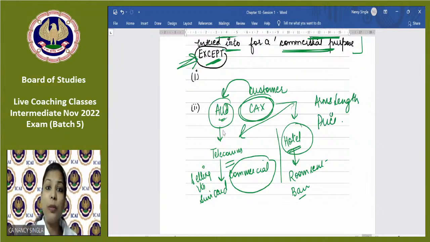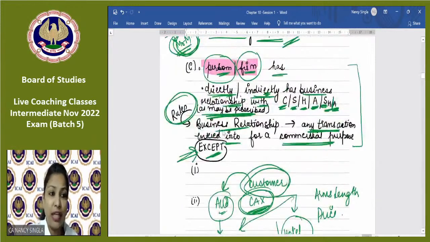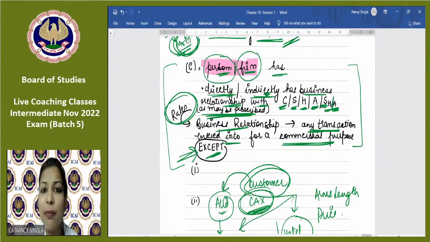The price at which it has been provided to a third party, to unrelated party, at the same price CAX is also been given such service. वो सिम कार्ड उतने में ही मिल रहा है जितना किसी और को मिलता, या वो रूम रेंट सेम पे कर रहा है, and CAX is taking those services as a customer, then there will be no ineligibility for CAX, है ना. बिकॉज अगर ये एक्सेप्शन नहीं होगा ना, जस्ट ट्राई टू अंडरस्टैंड, सिर्फ ये वाला क्लॉज है, क्लॉज ई, ऐसे तो उस होटल में कभी स्टे कर ही नहीं सकते ना. अगर हमारा क्लाइंट है वो, ऐसे तो उसका सिम कार्ड कभी यूज नहीं कर सकते. सो दिस इज वन ऑफ द एक्सेप्शंस.